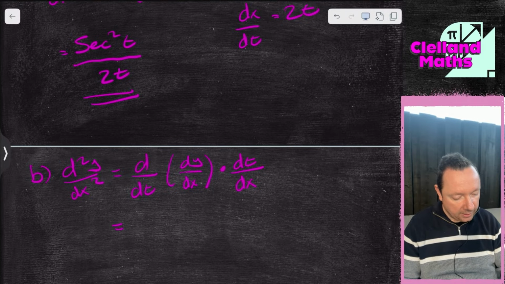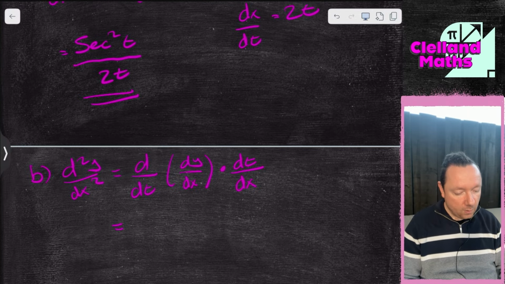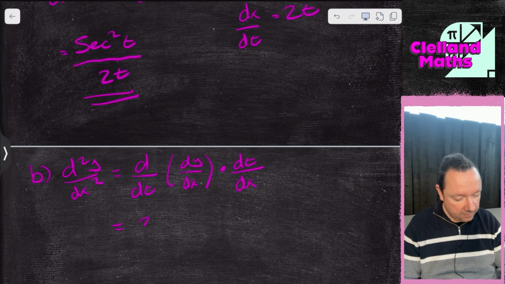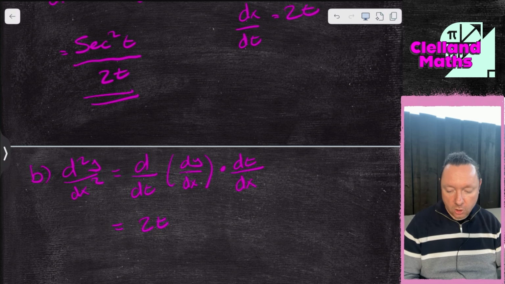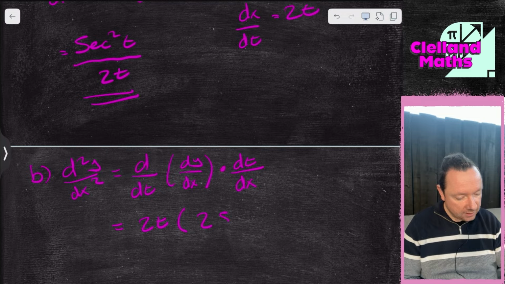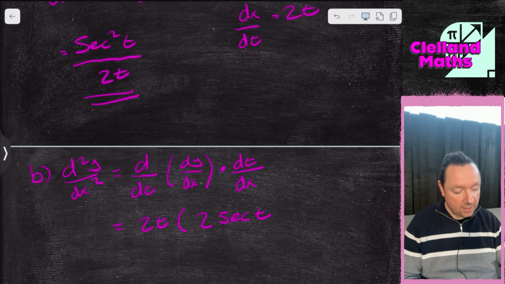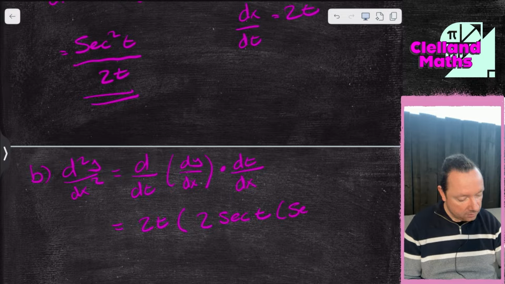So differentiating this dy by dx, it's the quotient rule. So I've got 2t v times u dash, well, sec squared t, 2 times sec t to the power of 1 times the derivative of sec t, which is sec t tan t from the start of the exam paper.